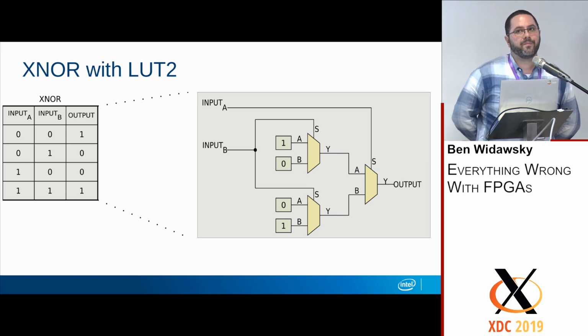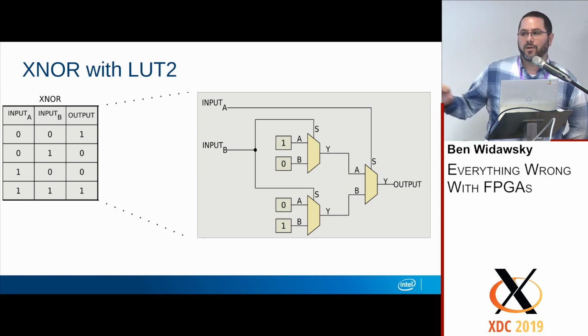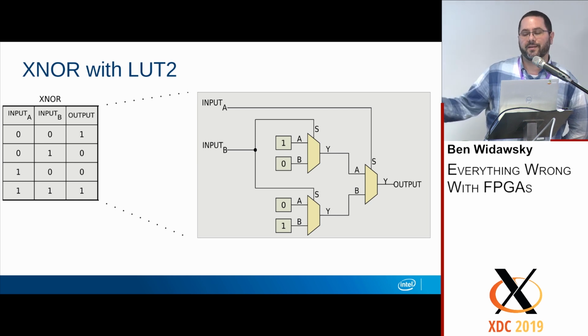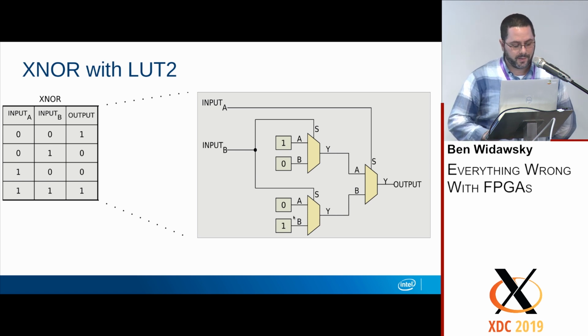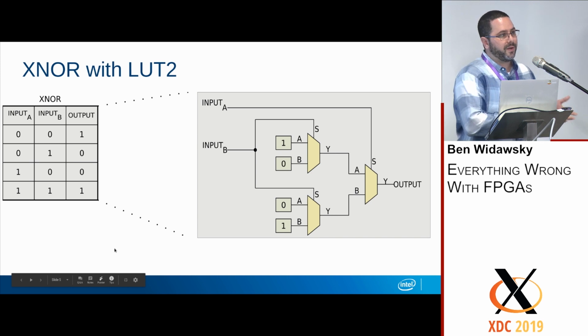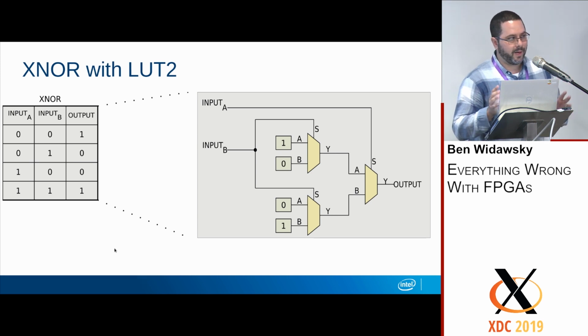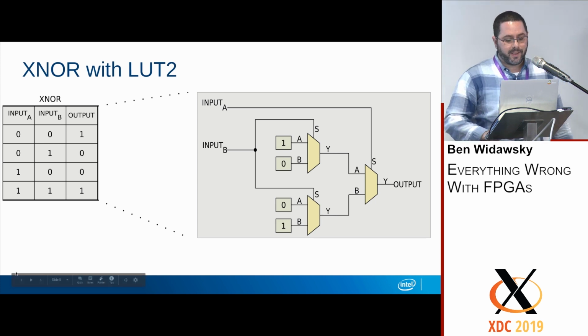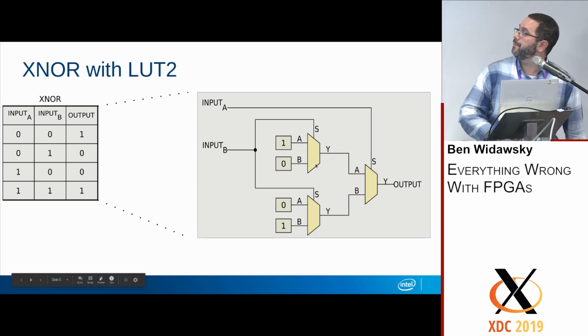Now, I should say, the FPGA vendors have gotten good at this, and this is a simplified version, and the delay would actually be much less. For instance, if you had a 4-input lookup table, you wouldn't expect a 4-clock delay there, but generally, that's the problem. You get the goodness of being able to implement whatever logic gate I want, or maybe a non-existent logic gate, but you get the added delay.